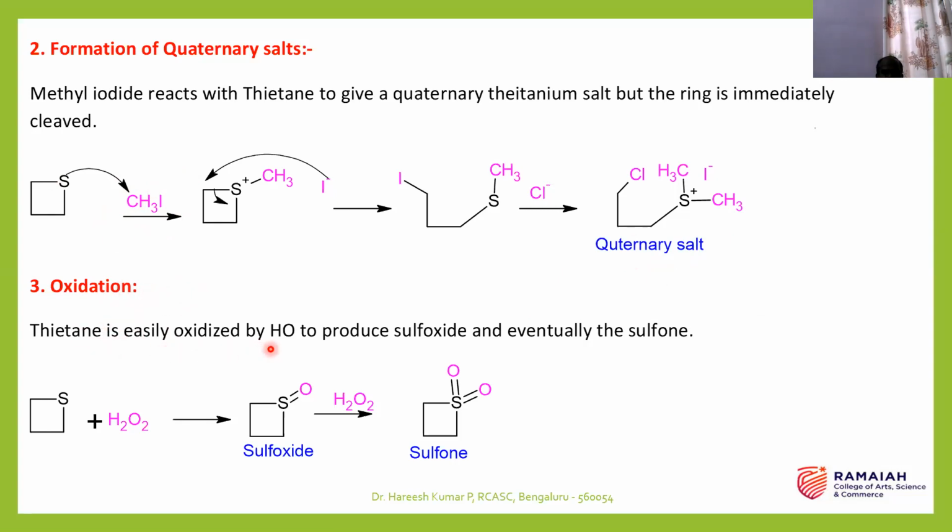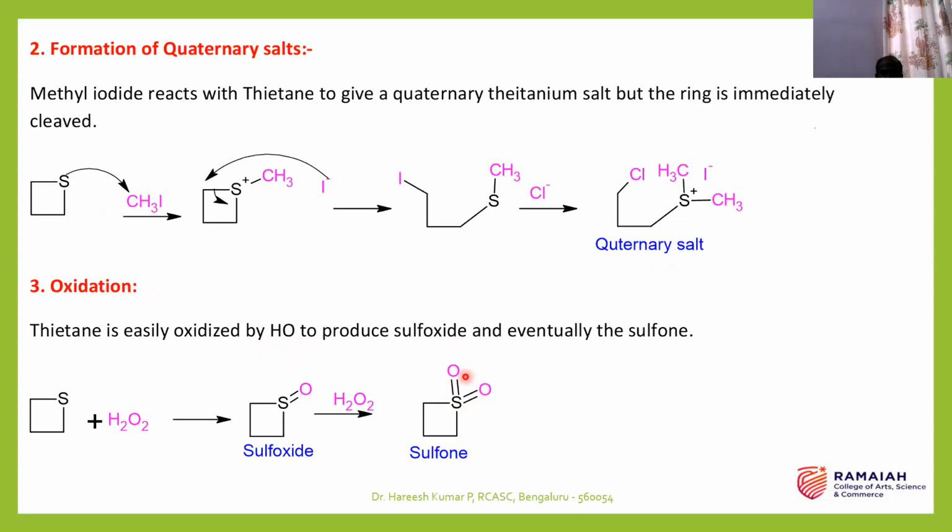Similarly, let's look into the oxidation. Thietane is usually oxidized by an oxidizing agent, more particularly hydrogen peroxide, H2O2, to produce a sulfoxide.